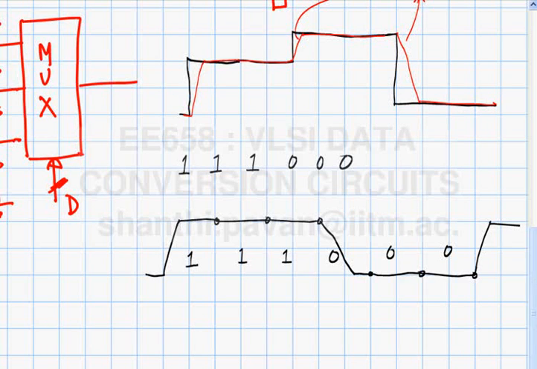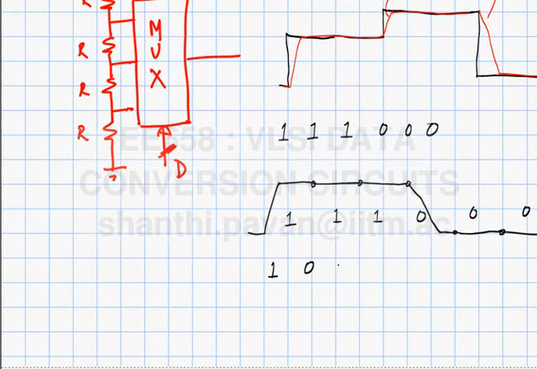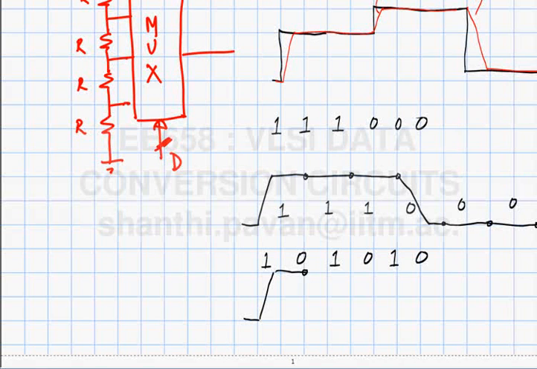Let me now plot the output which you would get if you had the following sequence: 1 0 1 0 1 0. So how do you think this waveform will look? 0, it jumps up, then starts to jump down.